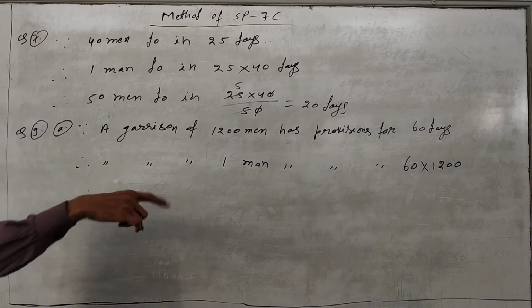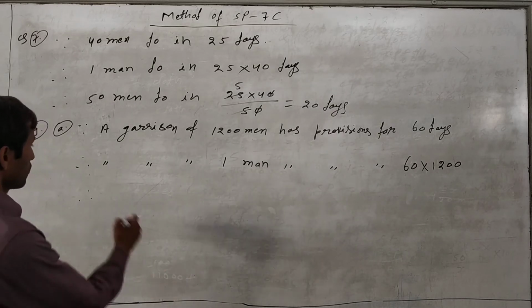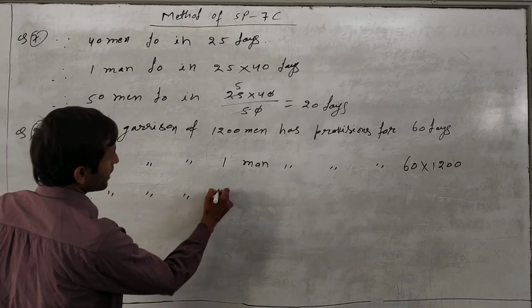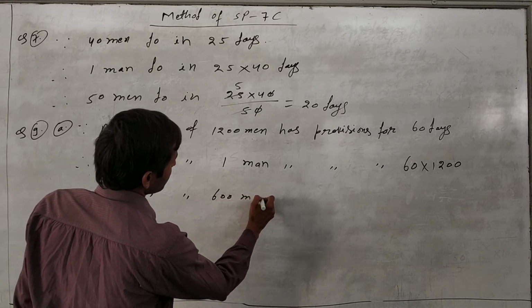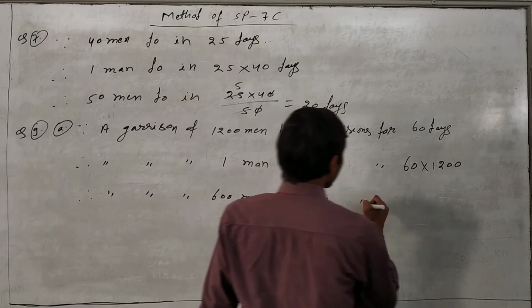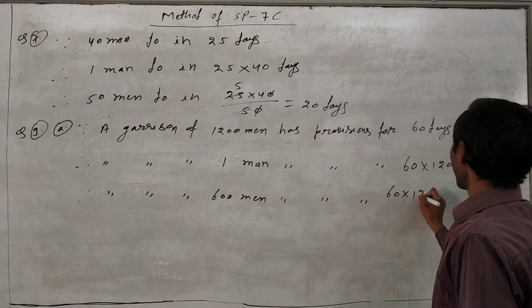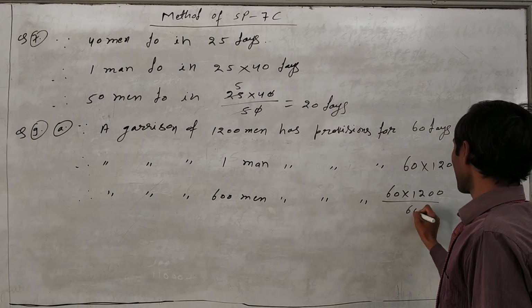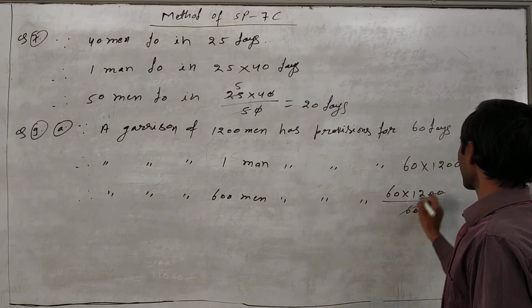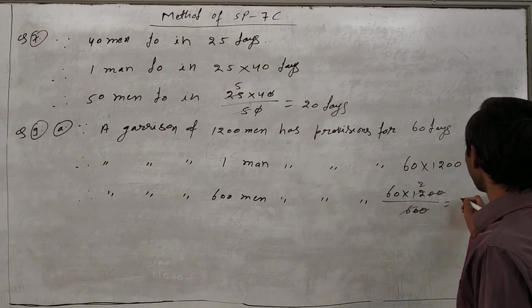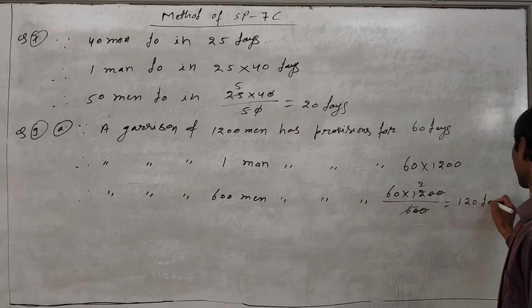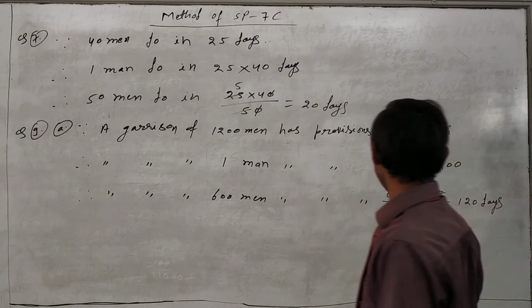So 1200 minus 600 becomes 600 only. So we have to find for 600 men how much it will take. So 60 into 1200 upon 600. So the zeros will cancel. It will come to 120 days. This is the final answer for the A part.